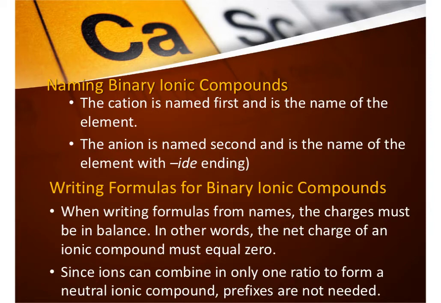And because of that, if we have a cation and an anion that form a bond, they can only combine in one ratio that will make the overall charge 0. And because of that, we don't have to use prefixes, because the reader can figure out based on the charges what ratio those elements combined in. So let's look at some examples of that.